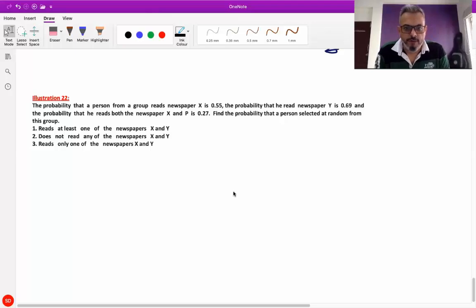So illustration 22. The probability that a person from a group reads newspaper X is 0.55. The probability that he reads newspaper Y is 0.69. And the probability that he reads both the newspaper X and Y is 0.27.